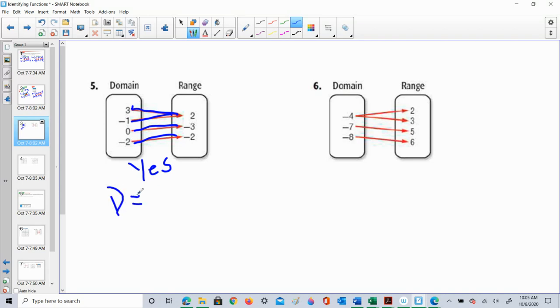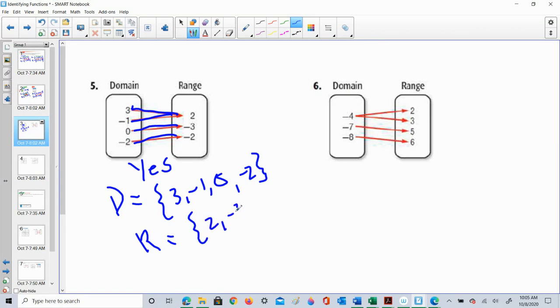What's our domain? Our domain is equal to 3, -1, 0, and -2. What's our range? Our range is equal to 2, negative 3, negative 2. Yeah, it's a little crooked, but I got to try to figure out how to write straight on this.